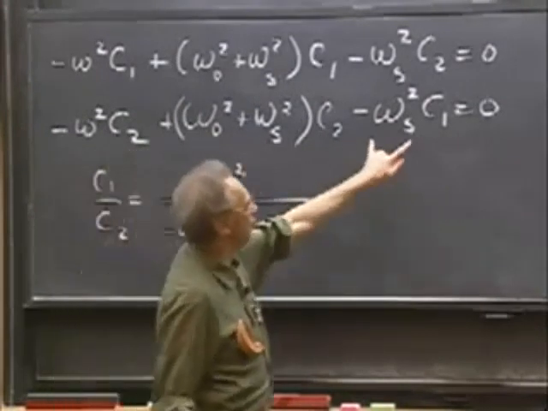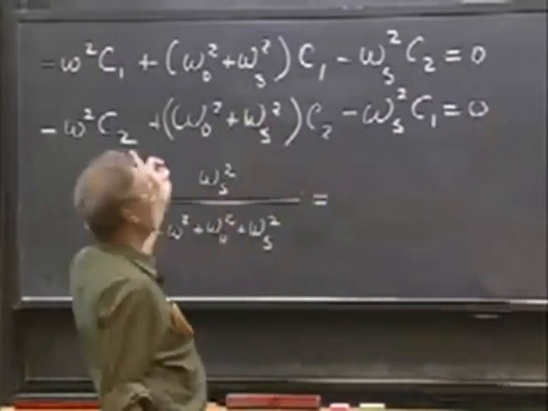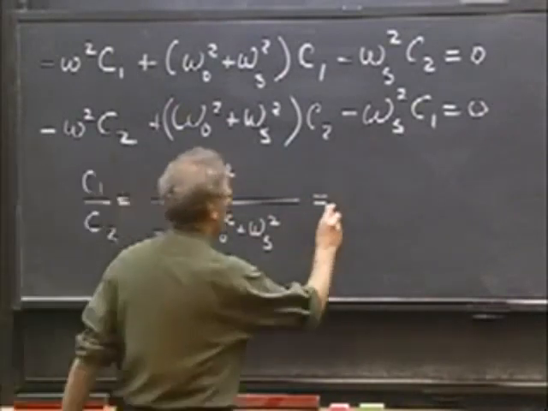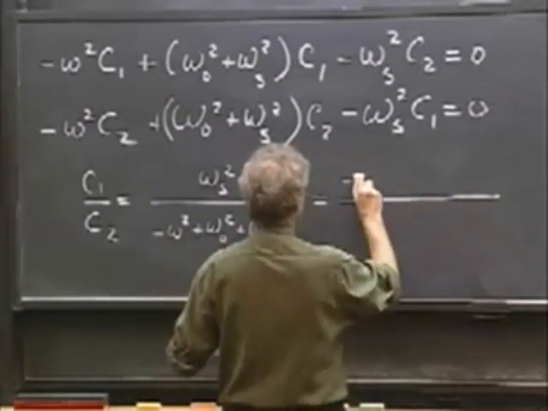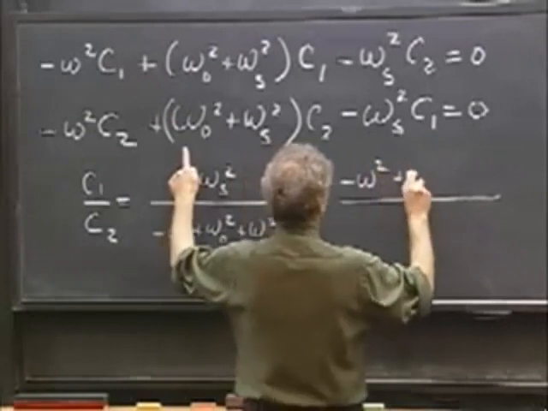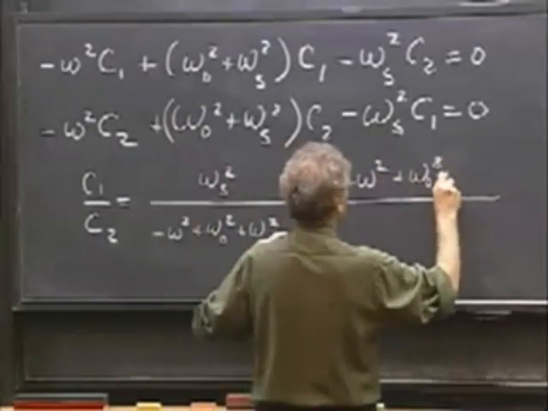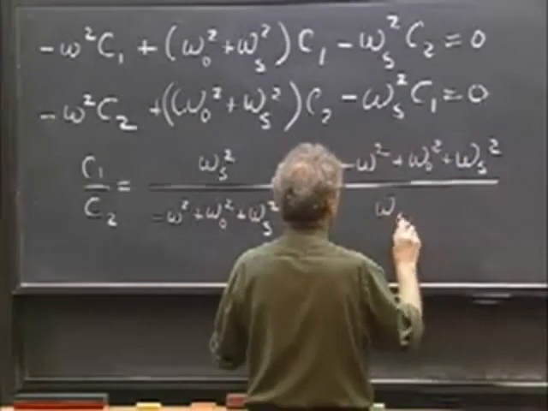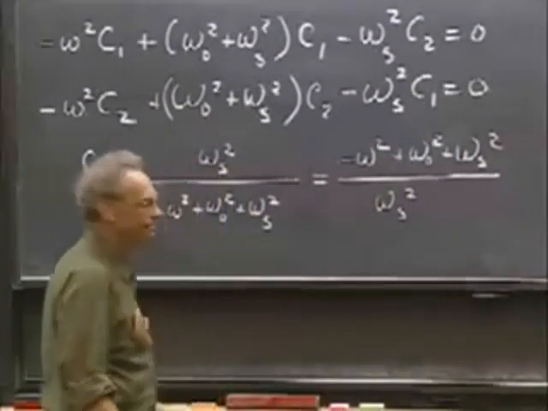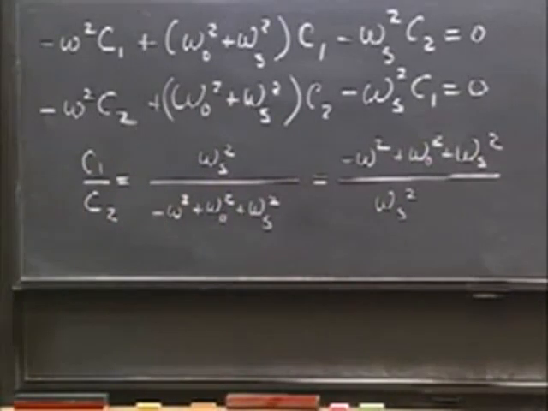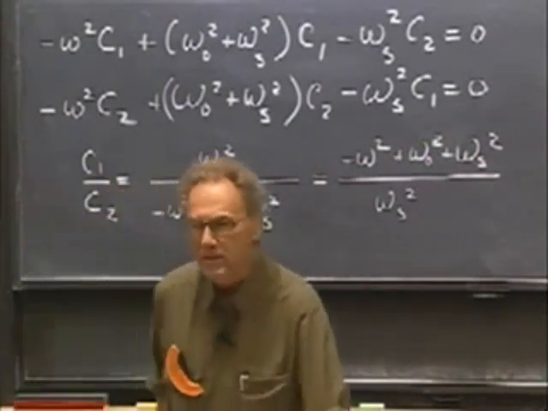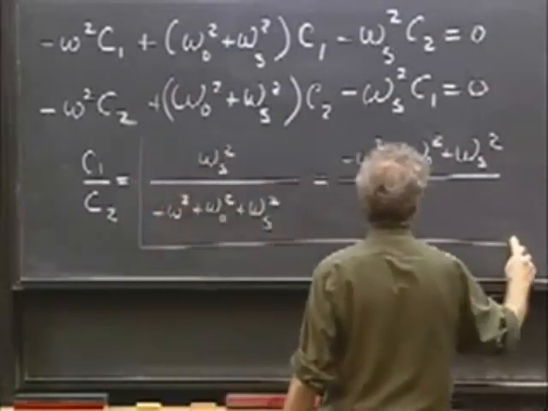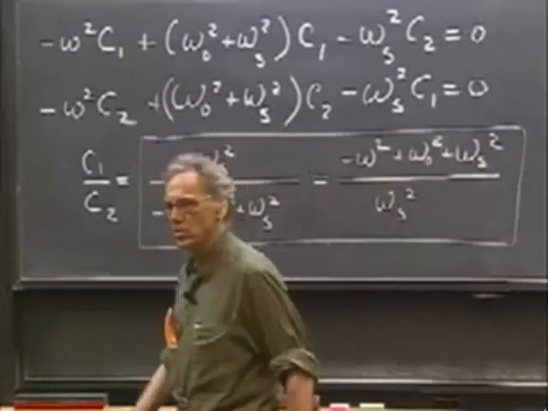So I bring this one to the right side, then I have c1s there and c2s here. And now this becomes upstairs. So I get minus omega squared, plus omega 0 squared, plus omega s squared, and I get downstairs omega s squared. And now I have eliminated c1 and c2, because if I solve this equation, I get my solutions for omega.